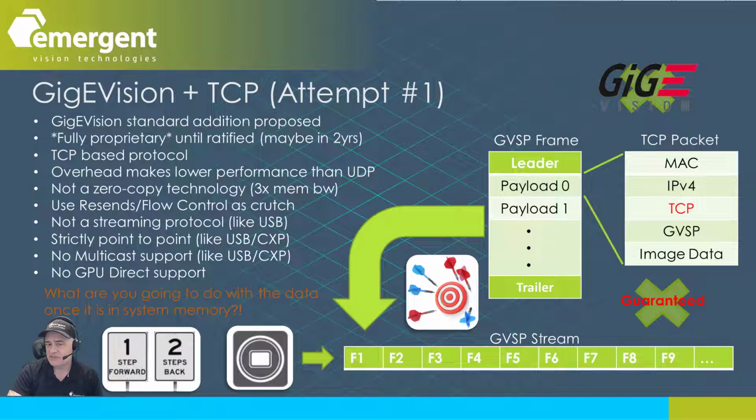In addition, TCP is point-to-point, which converges this protocol with CXP and USB, which all but eliminates the benefits over those protocols, especially since CXP is adopting the Ethernet physical layer in newer revisions to address its own deficiencies. In all senses, TCP is a non-starter for performance applications and amounts to little more than marketing noise.